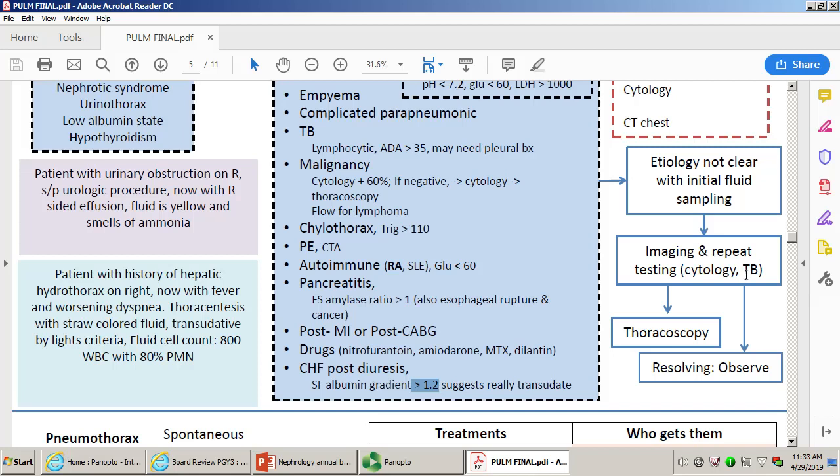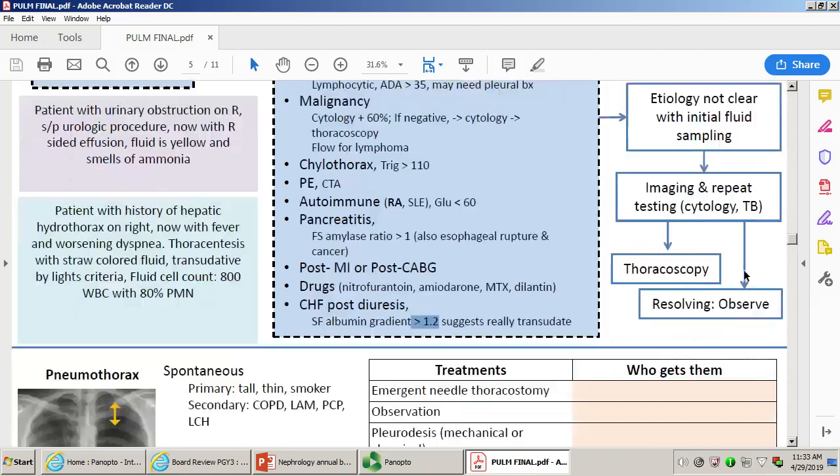But if all of that is really non-revealing, then you're left with, I'm just going to watch and see if it recurs. And if it recurs, then I'll do further testing. Or if you really feel like the patient is pretty sick or already recurring, or something serious is going on, then you can do the thoracoscopy, to go in there, look at the pleura, take biopsies, and see if there's any pleural abnormalities driving the effusion.